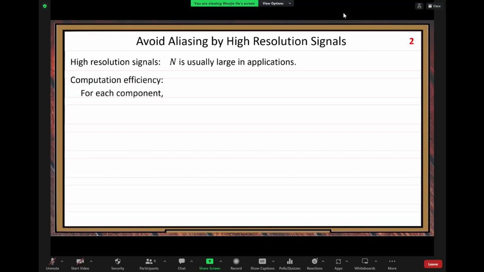Computation efficiency. For each component, you need to apply this formula to calculate that F n hat. But if you calculate directly, if you cannot discover some efficient calculation, here you need to use this asymptotic notation. Do you know about this asymptotic notation?